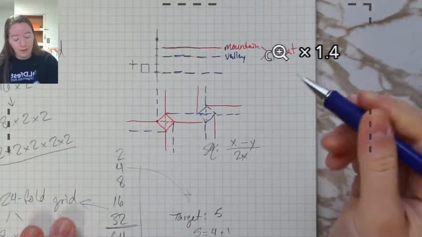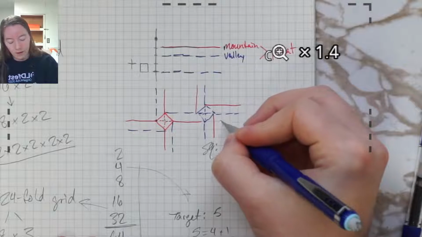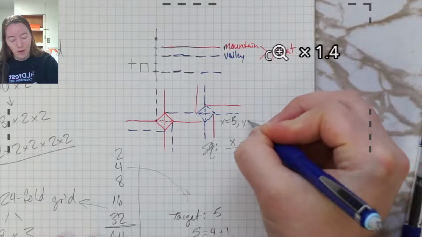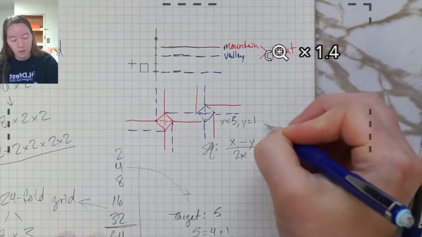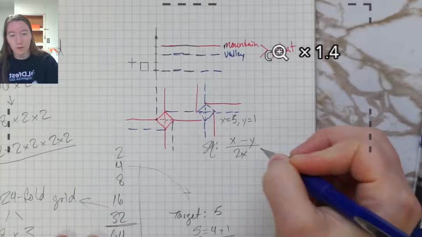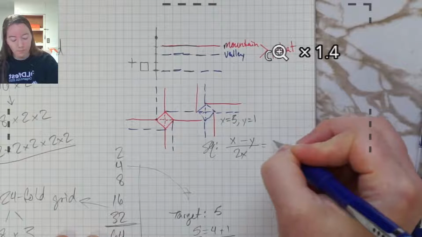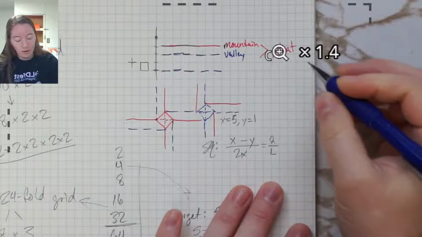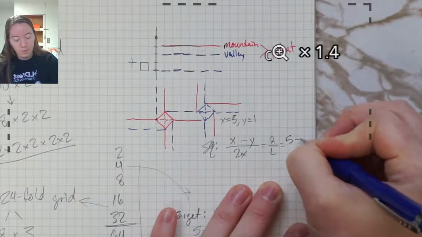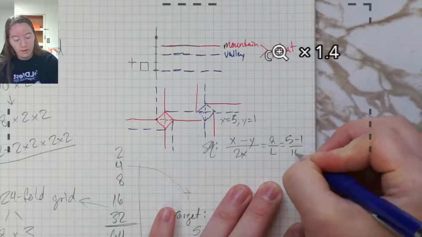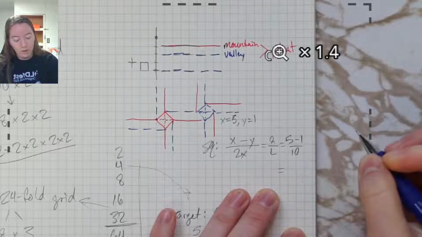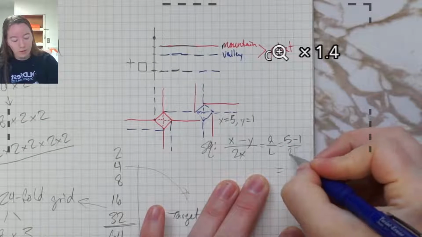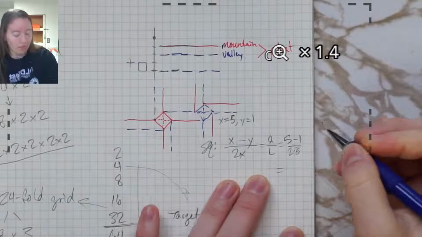So then in this case, if x is 5 and y is 1, then this fraction, which I call a over L, is going to be 5 minus 1 over 10, or I can keep that as 2 times 5 because we're going to factor that out anyways.